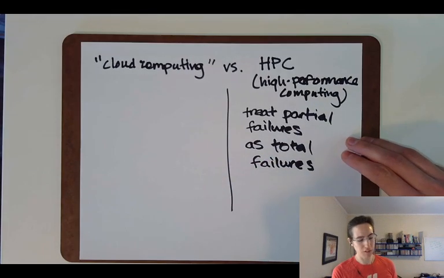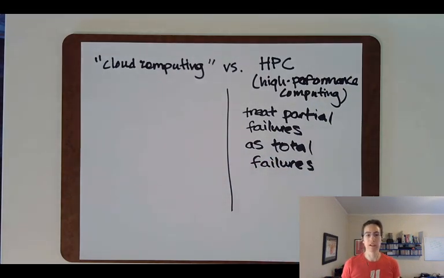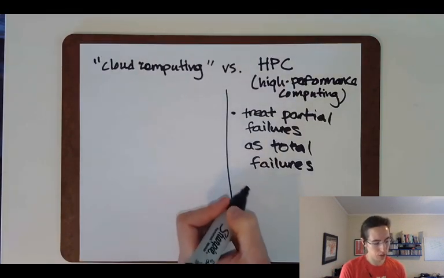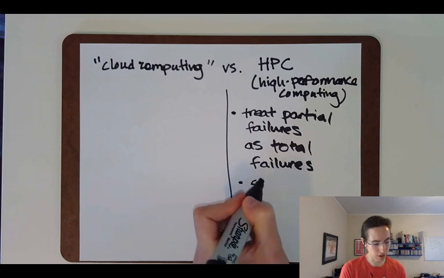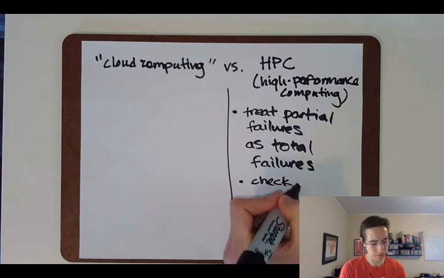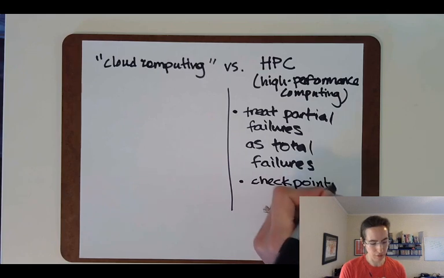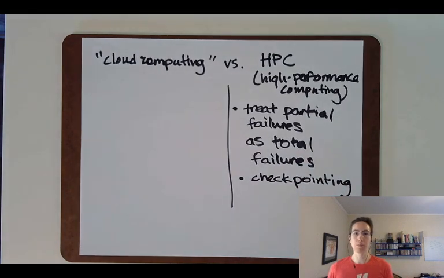In the HPC philosophy, if something does fail, then you might start the computation over completely from scratch. Because failures are common in a system of many machines, typically an approach is taken that involves what's called checkpointing, which means every so often you save your progress. Then if a failure does occur, you roll back to wherever you checkpointed. That's one philosophy, and those systems are also considered distributed systems.